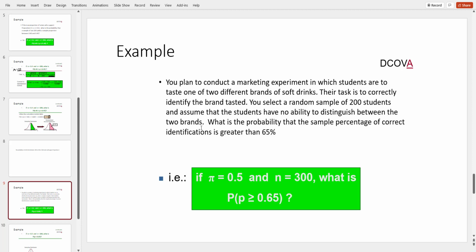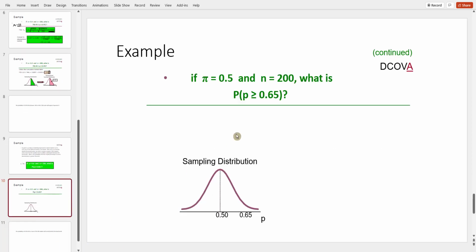We looked at 200 students. I put 300, so this should be 200. We want to know the probability that the proportion is greater than or equal to 0.65. We want to see what's the percentage of correct identifications that will be greater than 65%. So that's 0.65. We're looking at this small area here.